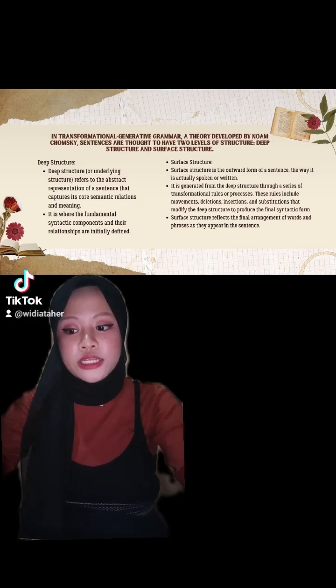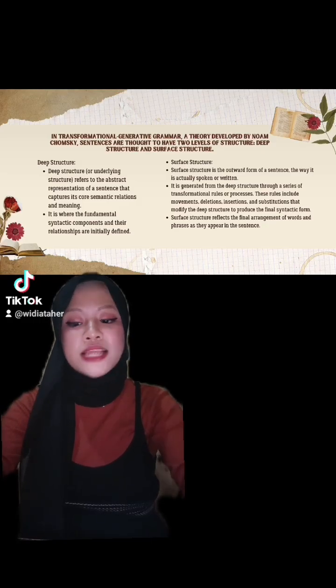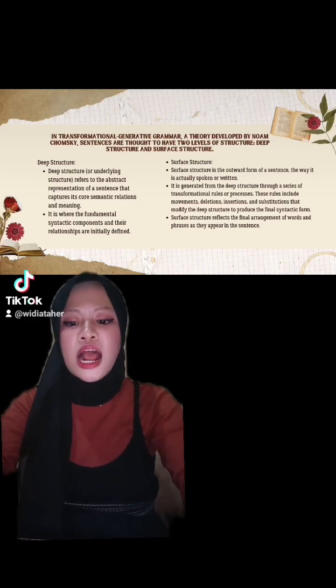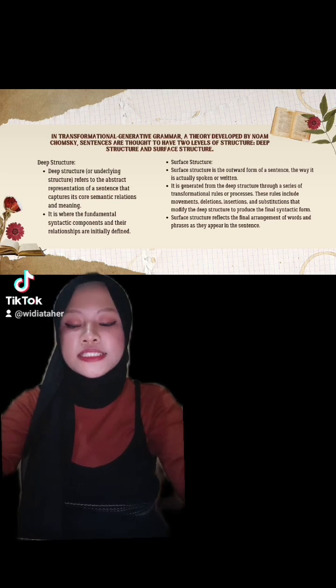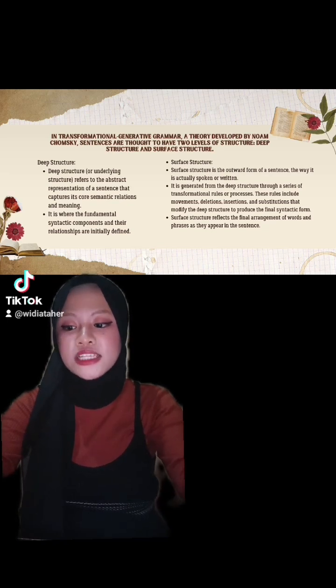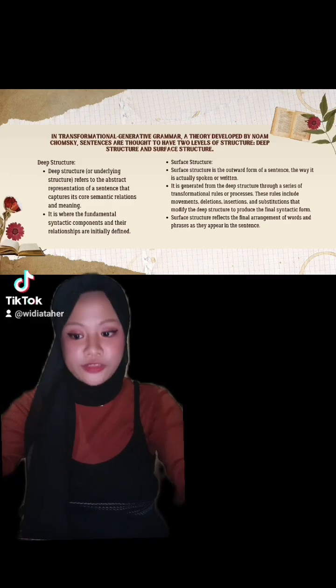Deep structure is the basic grammar of a sentence before any changes are made to its word order or grammar. It represents the core idea that stays the same even if the sentence is rewritten in different ways.